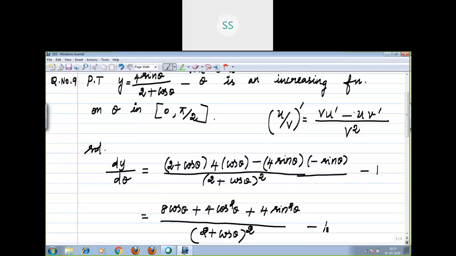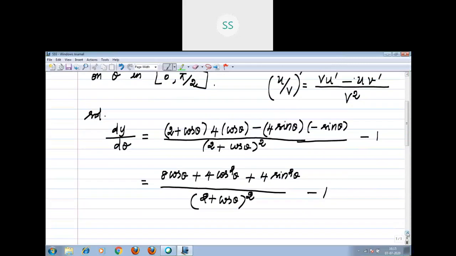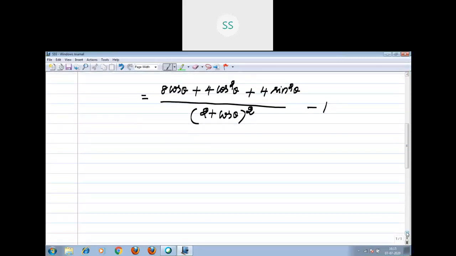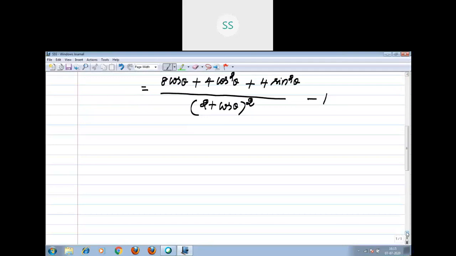Next step, I am going to take the LCM. Simple, right? This you know very well. Which is equal to 8 cos theta. See the next term: 4 cos square theta plus 4 sin square theta.